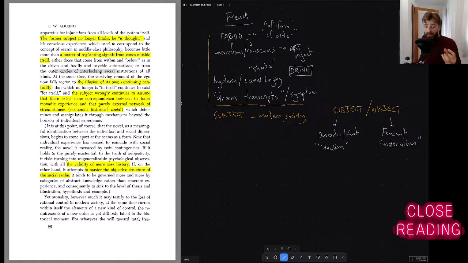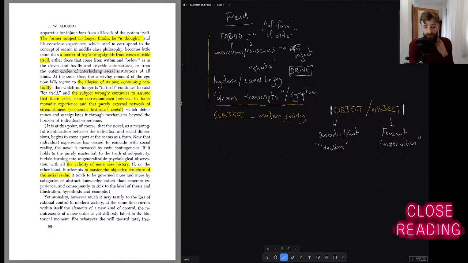So on the object side of the dyad, the subject is nothing but a production of the objects around it, right? Whereas on this side of the dyad, the object is actually nothing but a production of the subject's thoughts, because the subject is fully autonomous, is the right word, in thinking about the world around it.